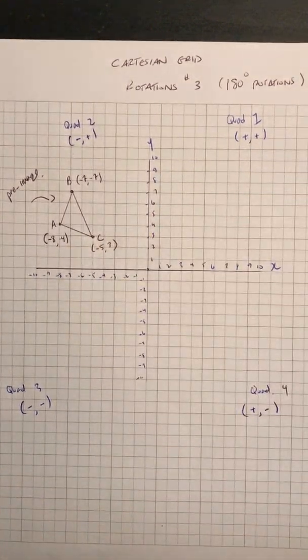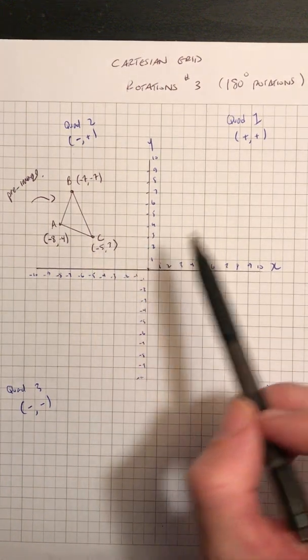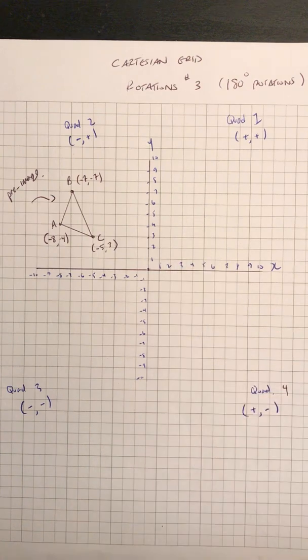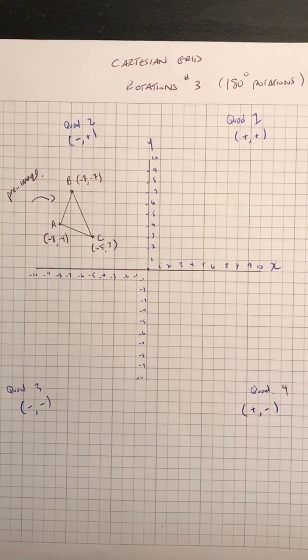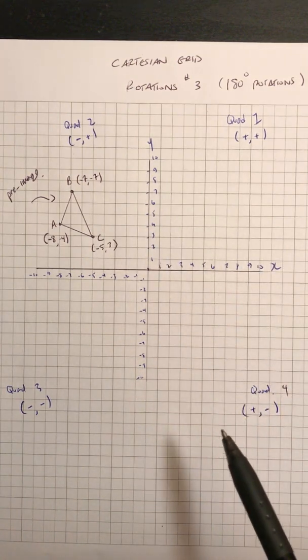Okay, so when we were rotating 90 degrees, if we were going clockwise, we're rotating into the next quadrant here. And remember, we flip the coordinates, and then we put in the matching signs for that particular quadrant.